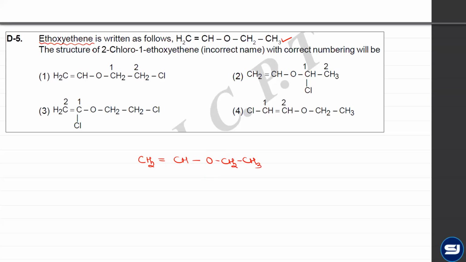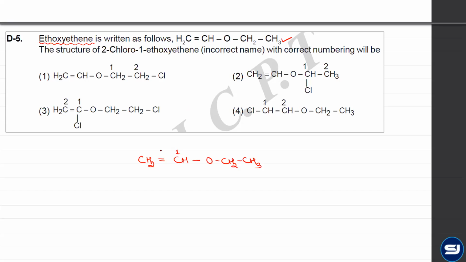अब पूछा है the structure of 2-chloro 1-ethoxyethene. Incorrect name है ये. With the correct numbering will be. अब नाम भले ही incorrect हो, from the name I can get the structure. 2-chloro 1-ethoxyethene matlab ethene was the parent.